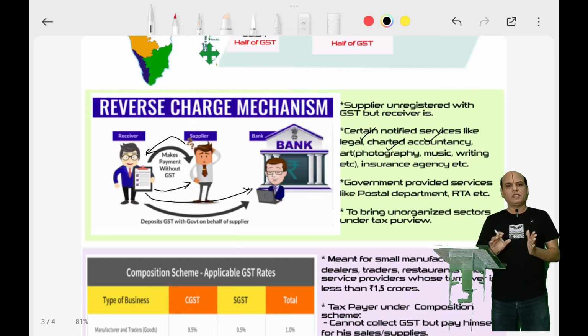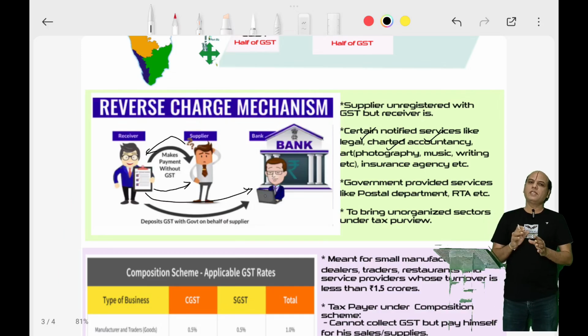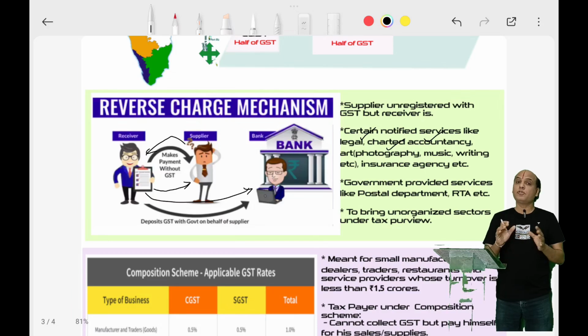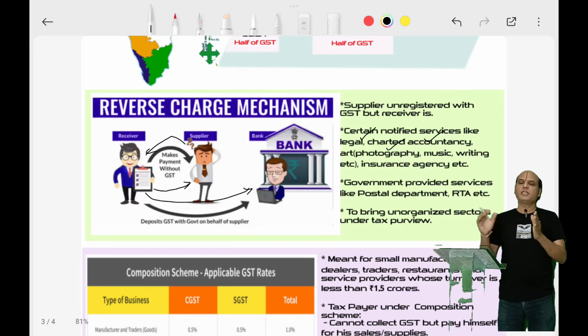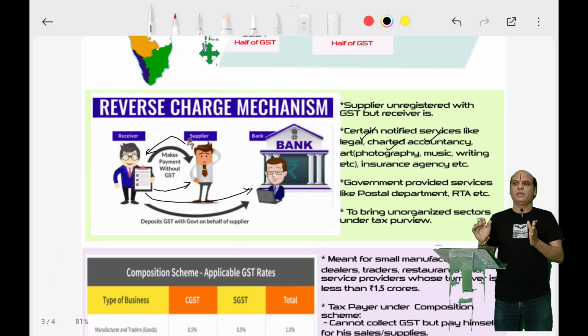Under this reverse charge mechanism, there are certain services of government also that are brought under the purview. For example, postal department. Postal department will provide postal service, but they only receive money from the people who avail the postal services.